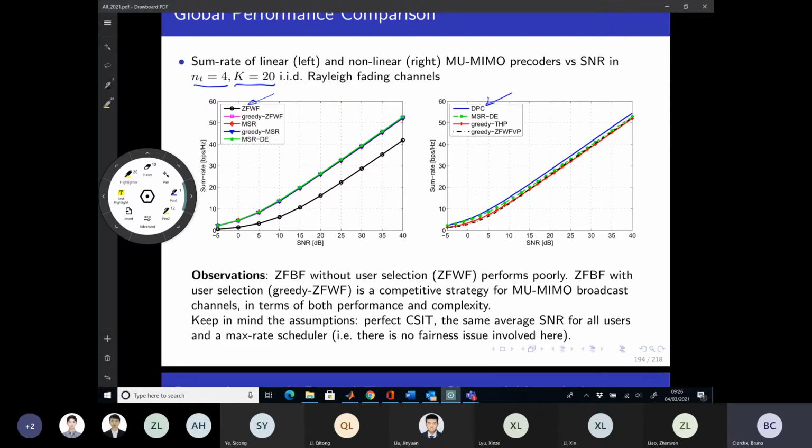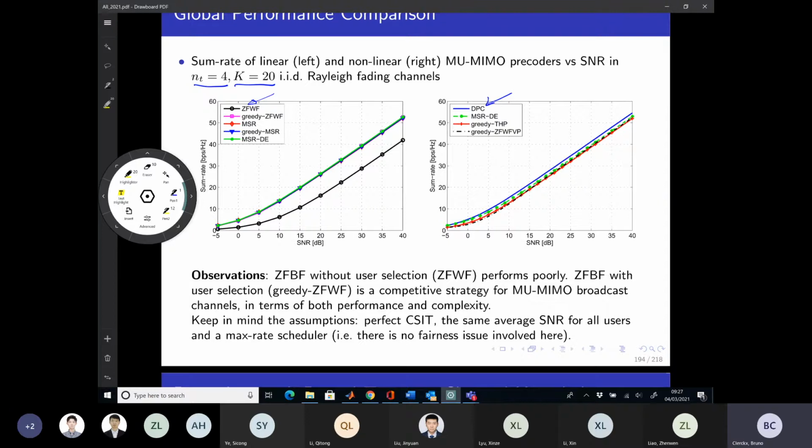So what you observe here is the following. You have 20 users and 4 transmit antennas. And so the minimum between NT and K is equal to 4. That means that your sum rate should scale as roughly 4 times log2 SNR, right?